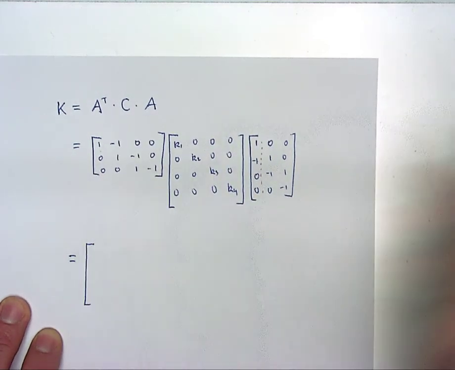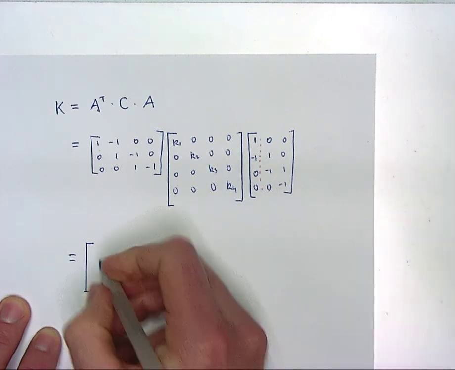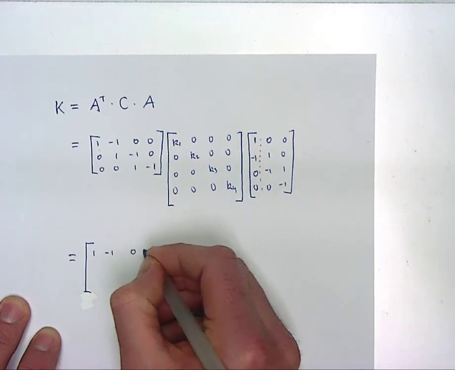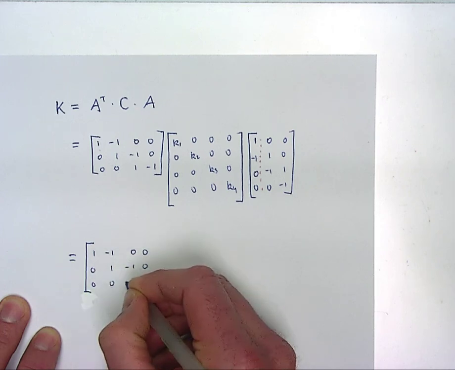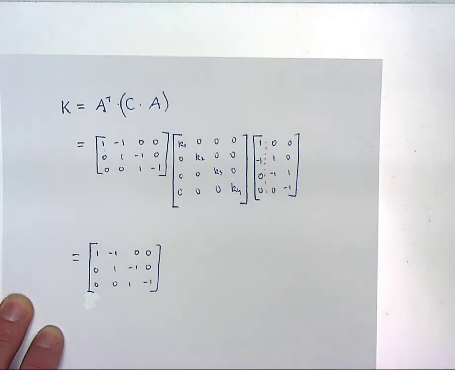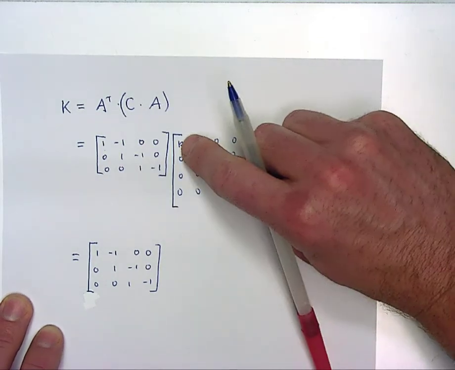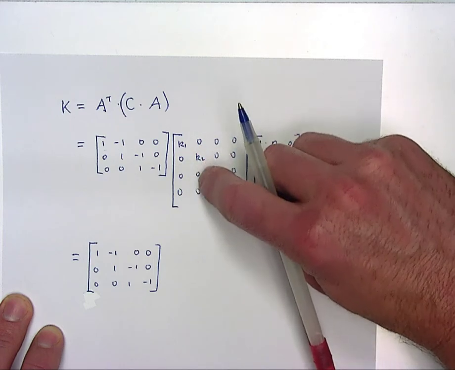This matrix is going to stay the same, negative 1, 0, 0, 0, 1, negative 1, 0, 0, 0, 1, negative 1. But what we've done is now we're going to associate these two together. Okay, 1 times K1, 0, 0, 0, plus negative 1 times 0, K2, 0, 0.